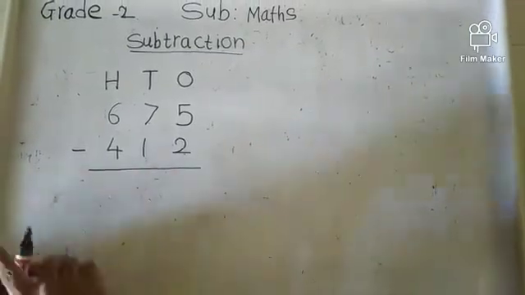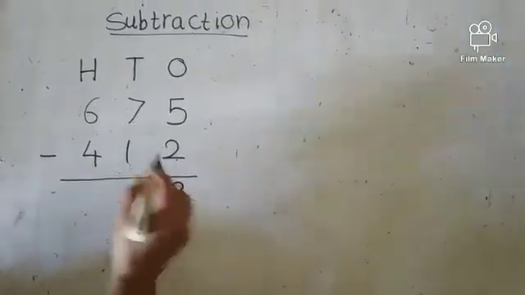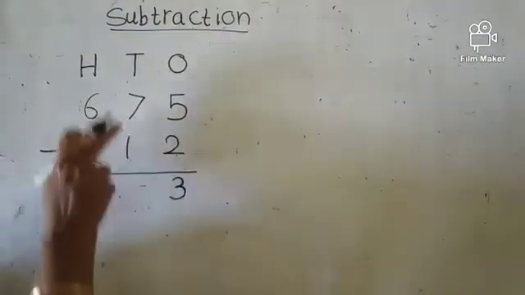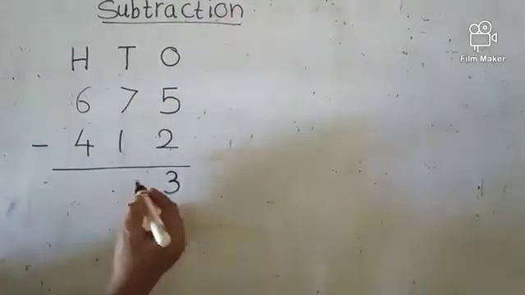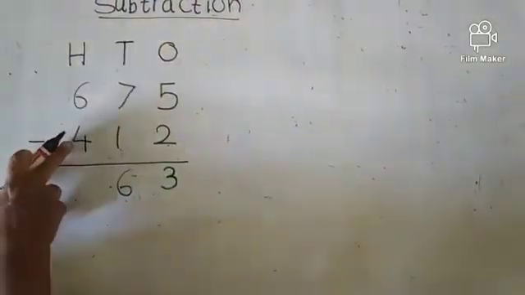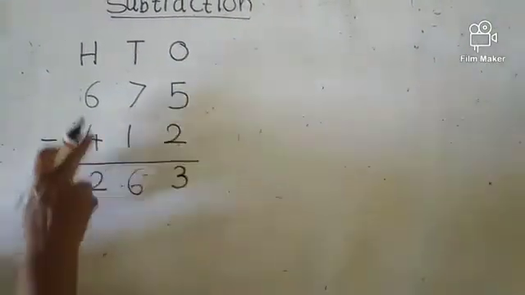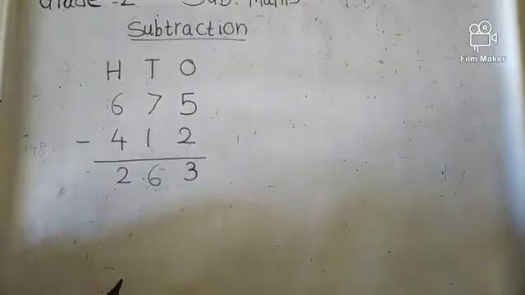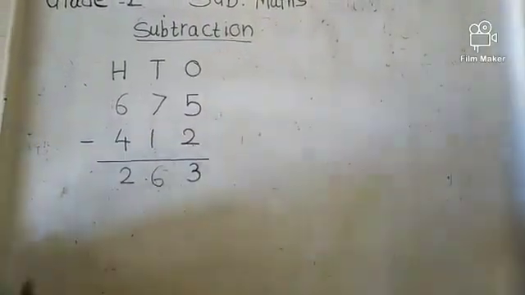How many? 3 remains. Okay. Then 7 minus 1 in tens place. 7 minus 1, 6. And here in 100 place, 6 minus 4. 6 minus 4 means 2. This is a very easy example, 3-digit numbers and 3-digit numbers.